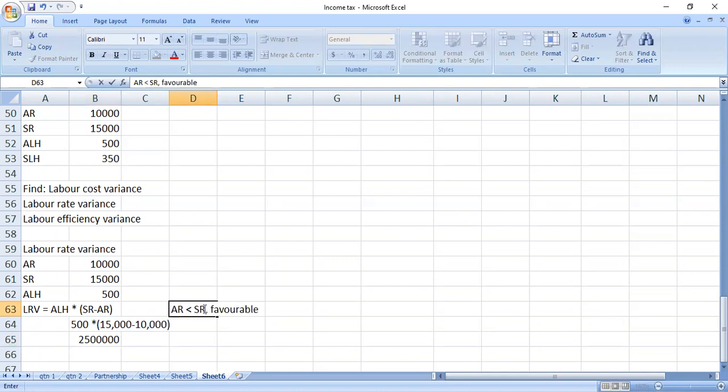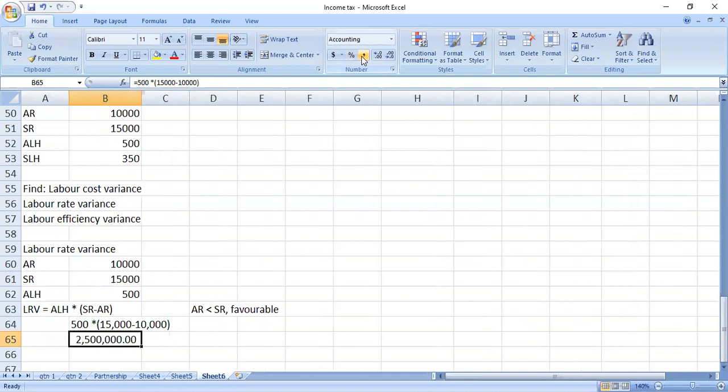You're not basing on this 500 to comment. You're basing on these rates here. When you compared, the actual rate was lower than the standard rate, and therefore you're being efficient or cost effective, and therefore it's favorable for the business. Thanks.